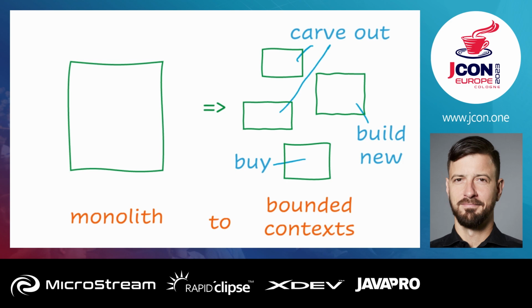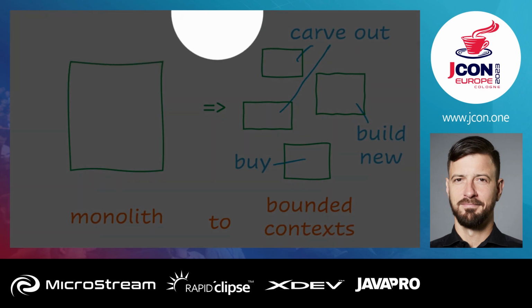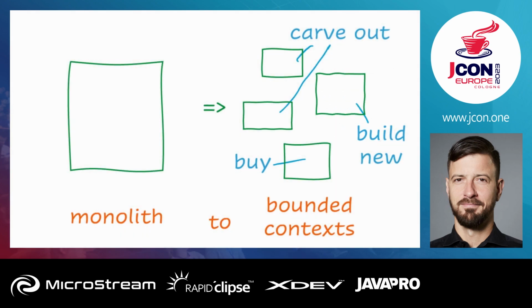When we have a monolithic system, we can just say, do this or do that. When we have smaller things, then we can say, these two things here, we can carve them out and build them new, and here we want to buy a piece of standard software. And be warned, those are verticals, but from above. So imagine them as pillars.